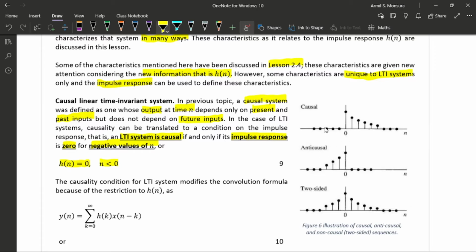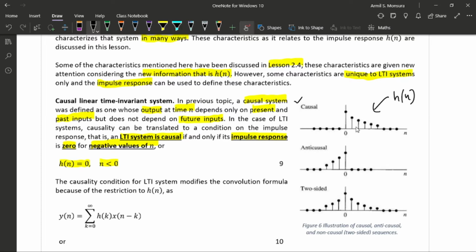Now, we remember that this figure illustrates sequences. But if these sequences are actually impulse response sequences, then they can also be used to describe systems. What you see in this figure are sequences. For example, this one is a causal sequence.